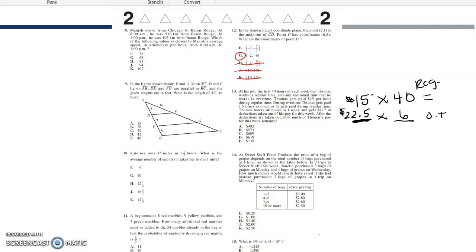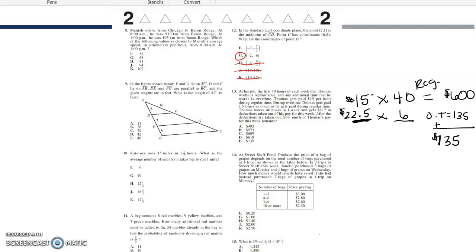So we want to do 15 times 40, which is 600. So he made 600. And then we want to do 22.5. Hey, that's the overtime pay. That's nice. Times 6, which is 135. So we need to add these two guys together. So within that week, he made $735.